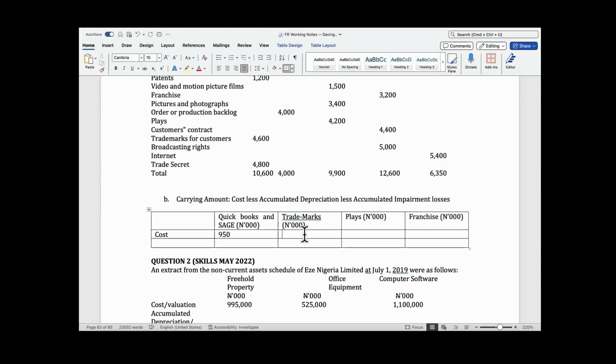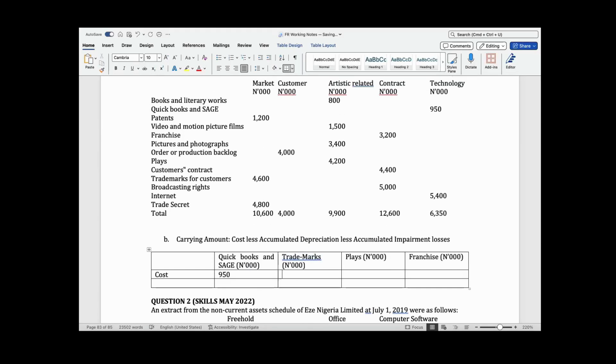Okay. Then for trademarks is 4,600. Place is 4,200. Franchise is 3,200.